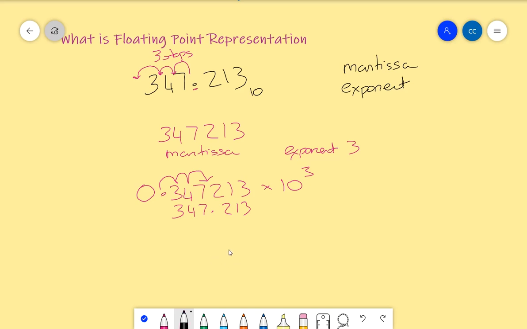So let's look at a binary number, 101.11. How would the computer deal with this number? So it has to do the same steps, doesn't it?